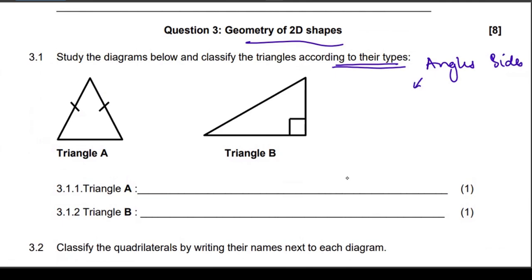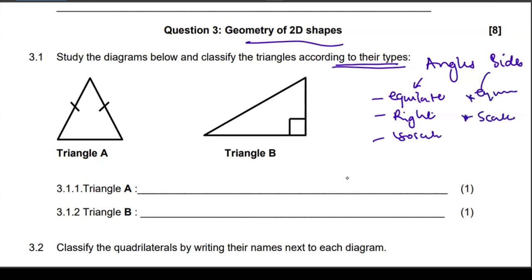With the angles, we have the right angle and the obtuse angle. And then with the sides, we have equilateral, isosceles, and scalene.